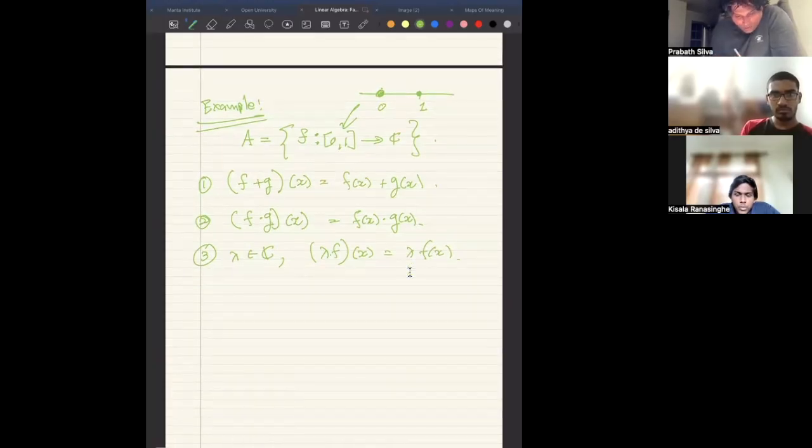So A together with plus and this dot is an algebra.